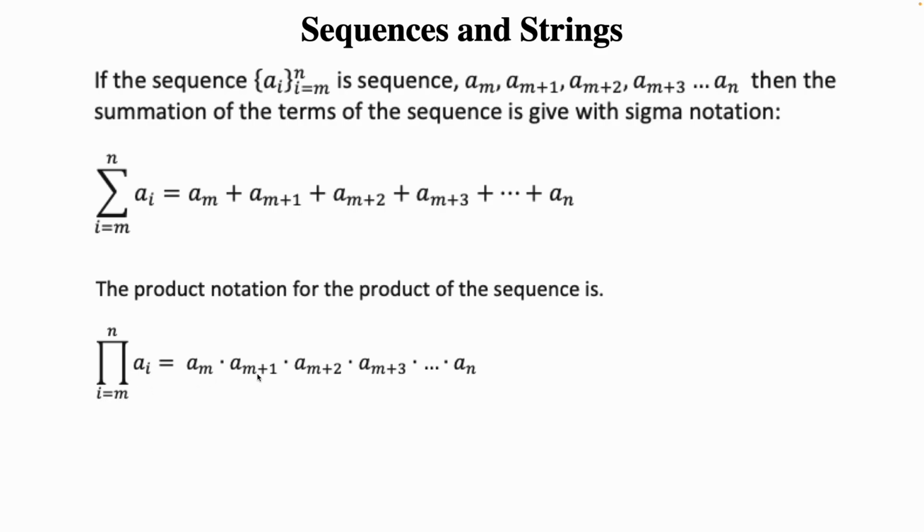It generates a number, you write it down, and you multiply it by the previous number. Then when i is m plus 2, you stick it in there, figure out what the number is, write it down, multiply it by the previous two. And you just do this till you get to the top number. That's called the product. So the capital pi is a product, meaning multiply everything out. The sigma means add them. If it's just a sequence, you just list them out.